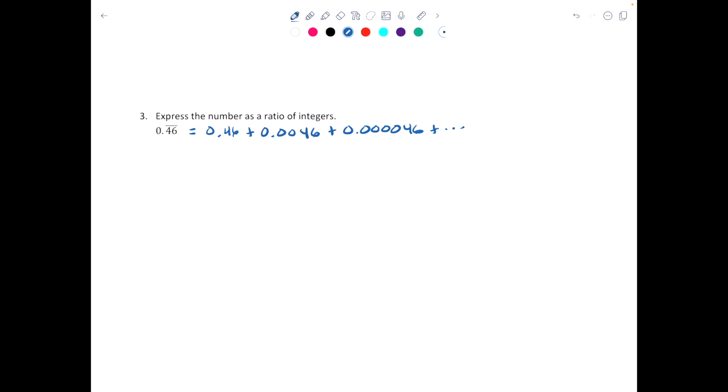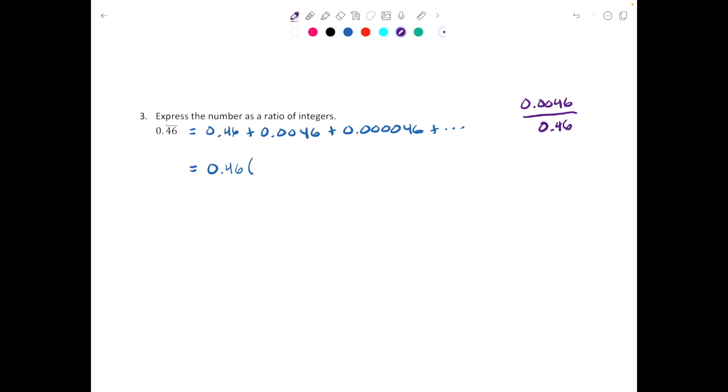And then this in turn is going to be equal to, if I factored out a 0.46, I would have my common ratio, which, one easy way to find your common ratio is to divide one of the terms after by the term before.